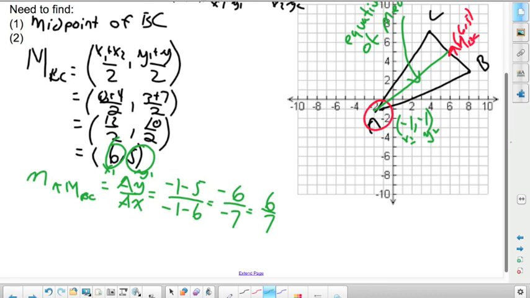Because I want the equation. See on the left side? M. So what I had up here, M. Basically it's a slope from point A to the midpoint of B and C.